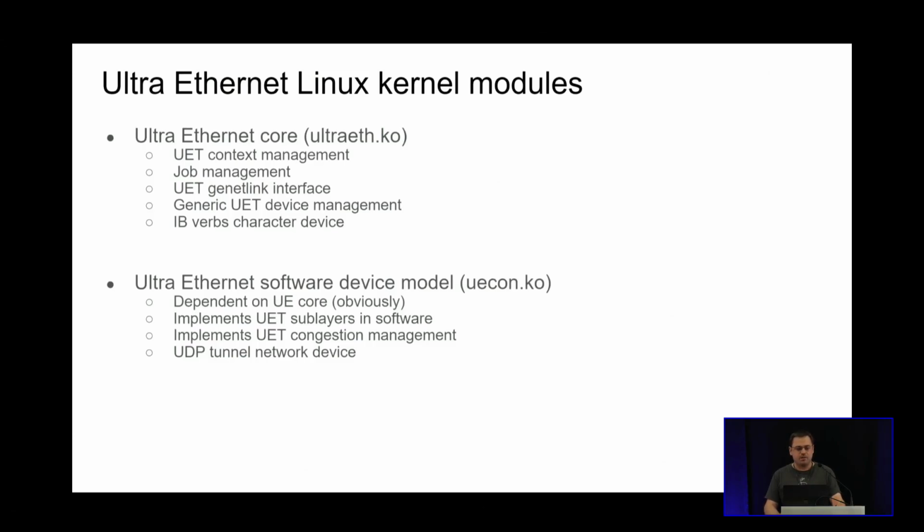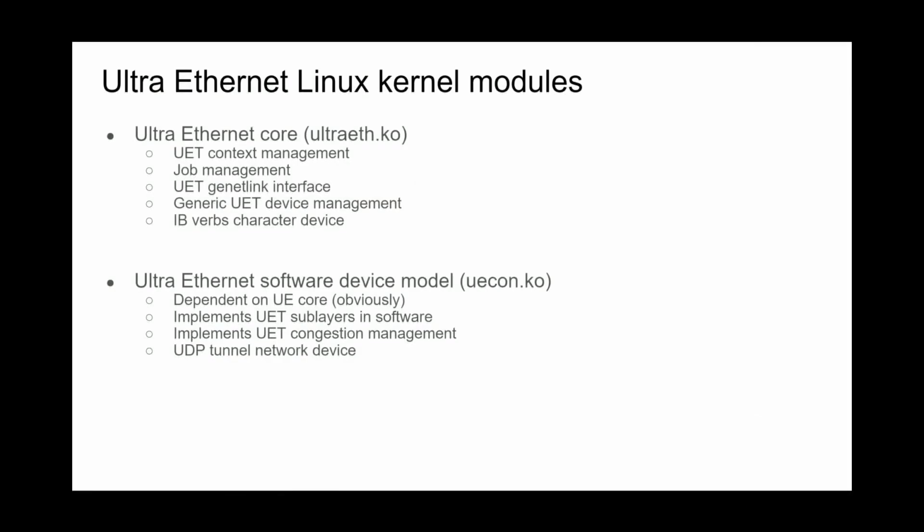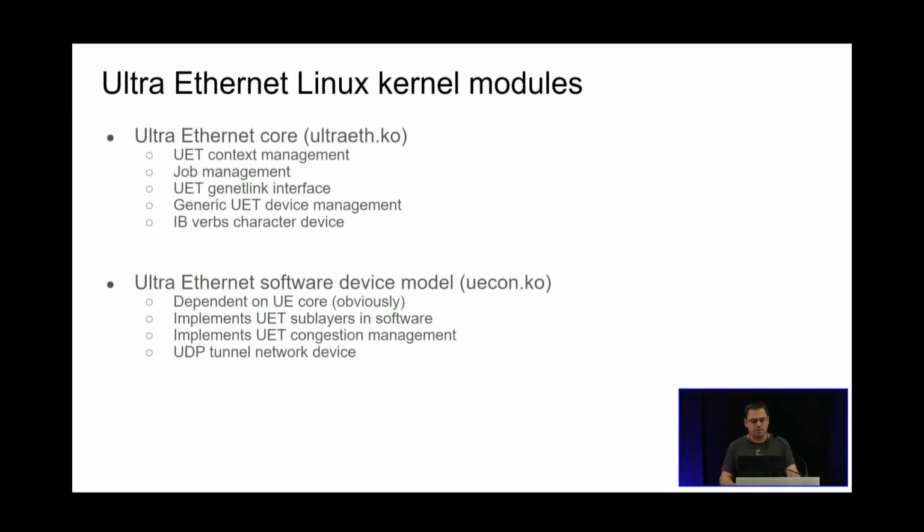And we have the Ultra Ethernet software device model, which is called UECon right now. That is actually the first Ultra Ethernet driver. It's entirely in software. It implements the Ultra Ethernet specifications. And since we don't have Ultra Ethernet hardware available yet, that's the first implementation that we're using to test communication that follows the Ultra Ethernet specs.